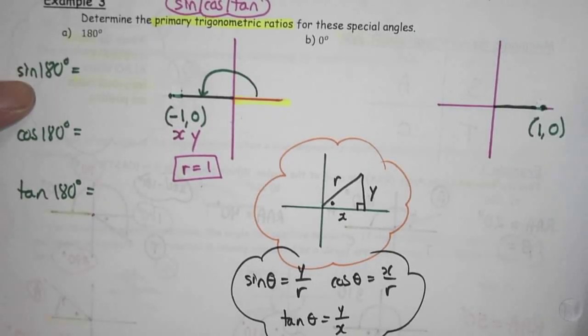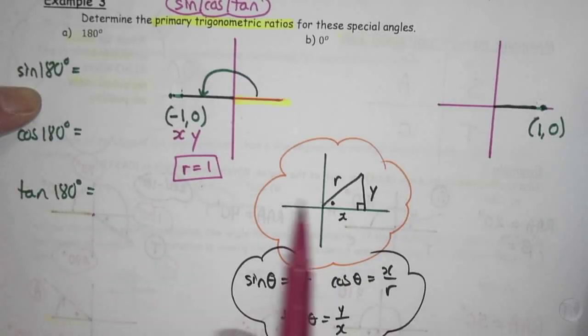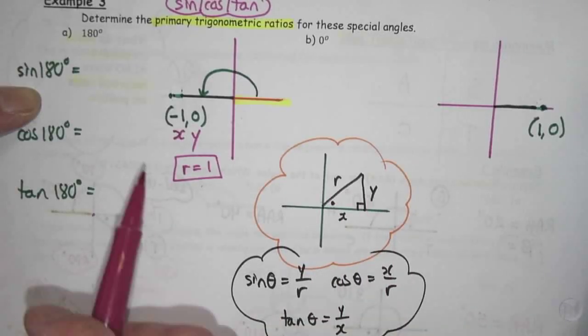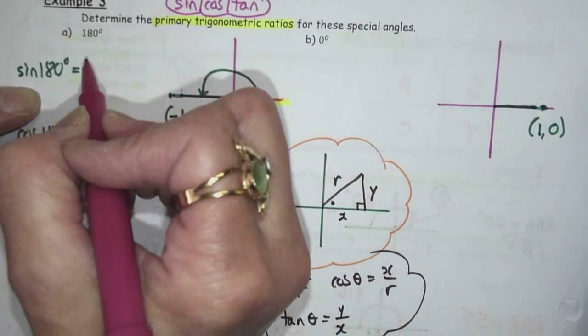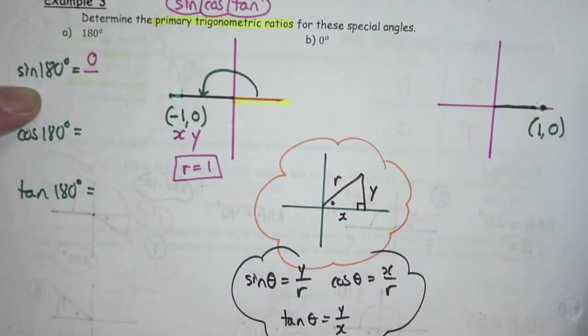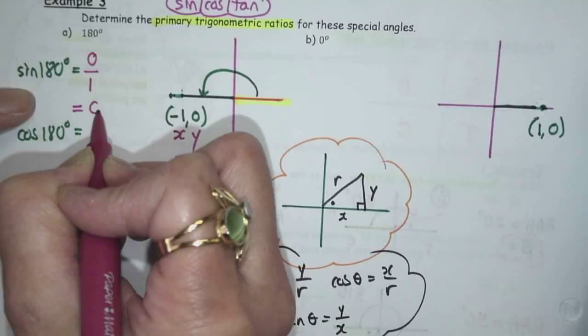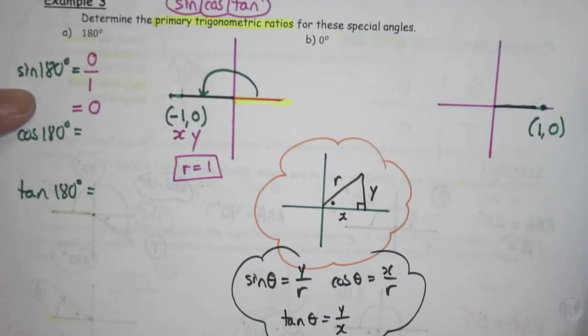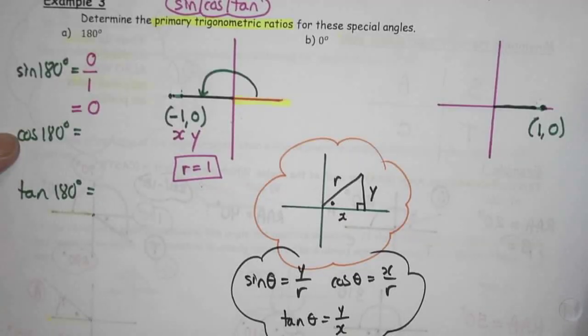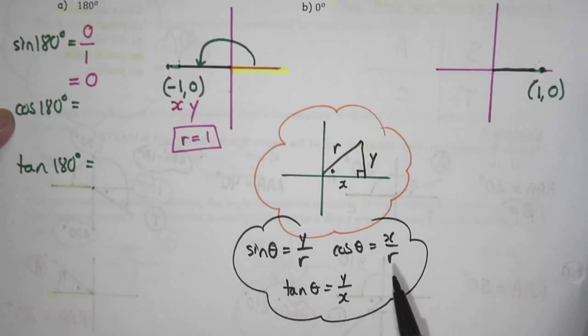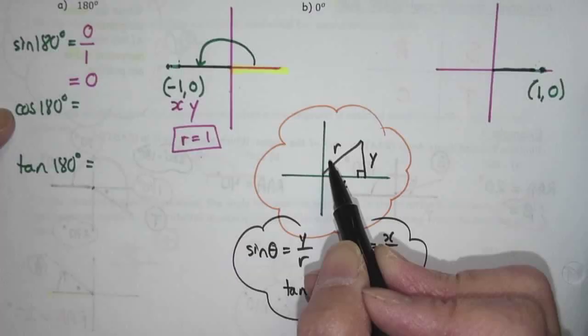Okay, so sine of 180 is y over r. Y is 0, and what did I say r was? 1. So how much is that? 0. Okay. Cos of 180 is x over r.